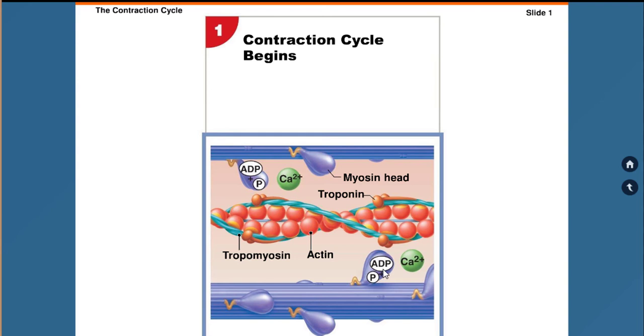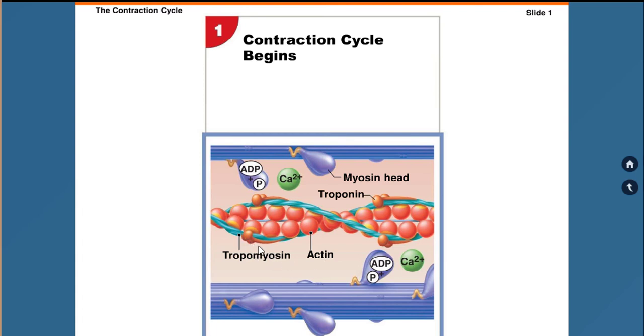This is the first step of muscle contraction. The first step in the process of contraction is for calcium to bind to troponin, so that tropomyosin can slide away from the binding site on the actin strands.